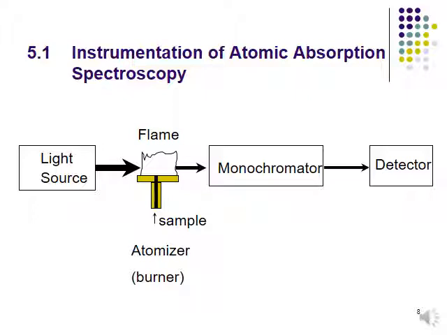In order to burn the samples, or to convert from the liquid sample to atoms, it does require one compartment which we call the atomizer. The atomizer is some kind of burner that makes the flame to burn the sample. After that it will pass into the monochromator, and then at the end it will go to the detector.